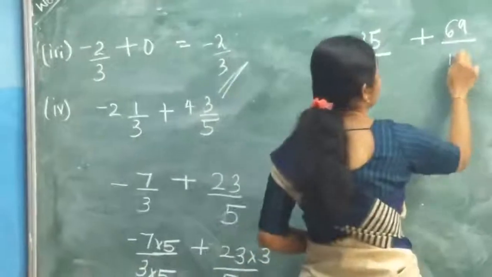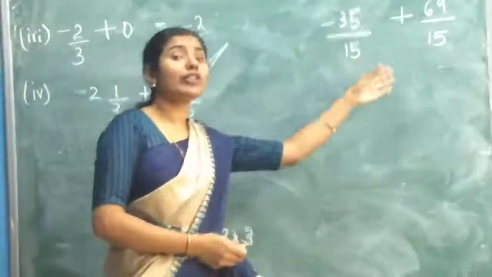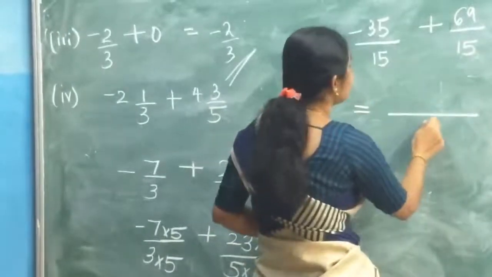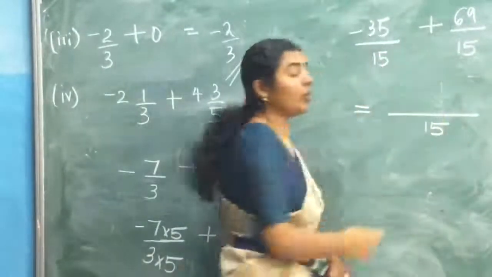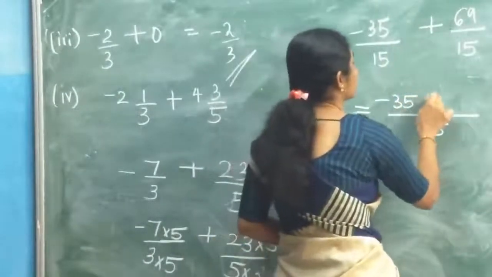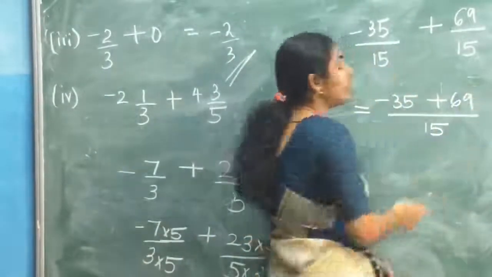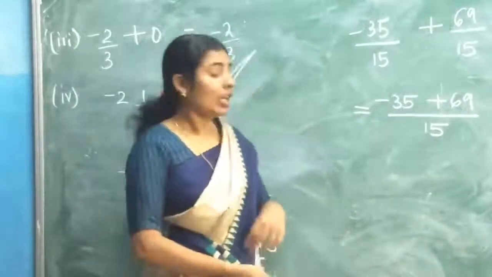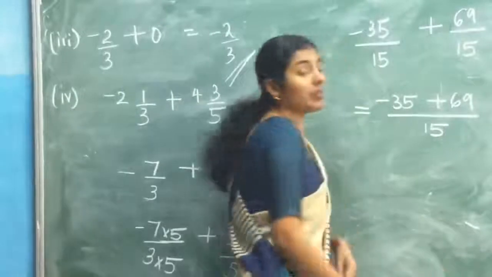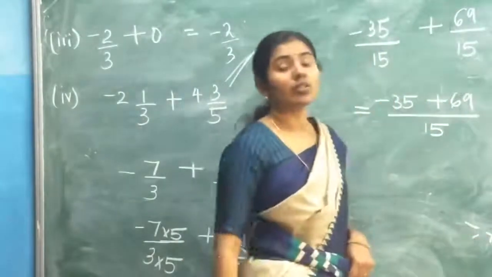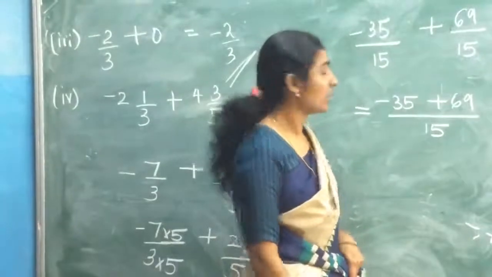Now we see both denominators are the same. So how to add this? Take the denominator common, add the numerators. Which are the numerators? Minus 35 and 69. Minus 35 is a negative number. 69 is a positive number. So what is the rule for addition?